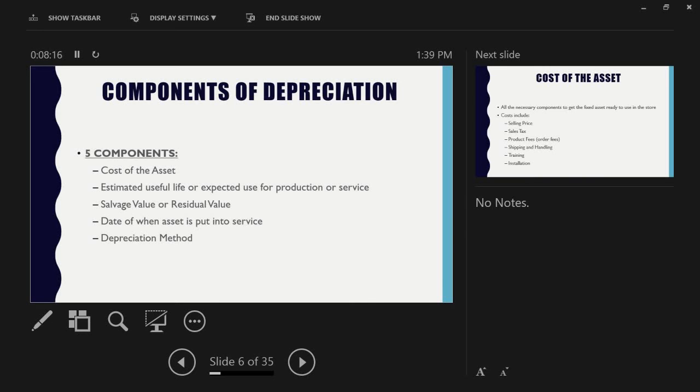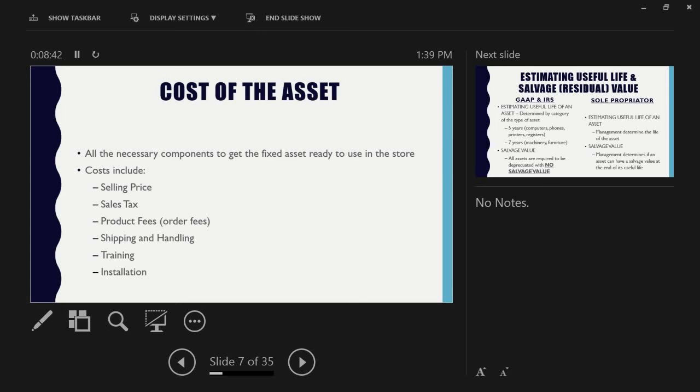Another term for salvage value is residual value. Fourth is going to be the date that you put it into service. That's very, very important that you understand this one. The date matters when you are putting the asset into service. And then lastly, what depreciation method you are using. So let's go ahead and move on to the first one.